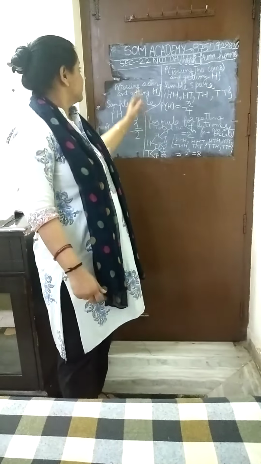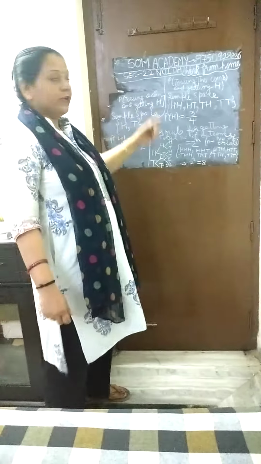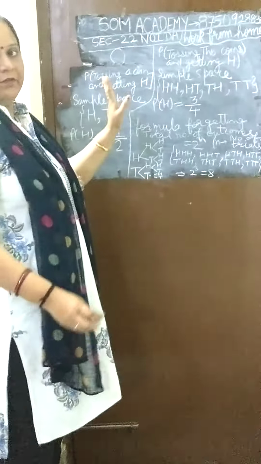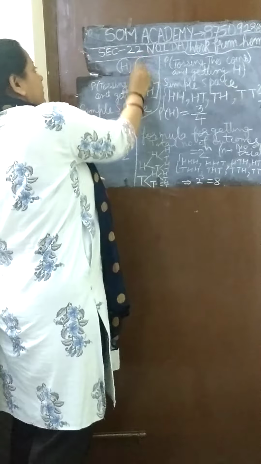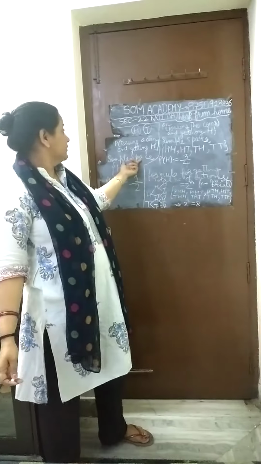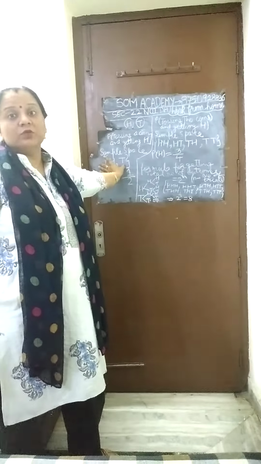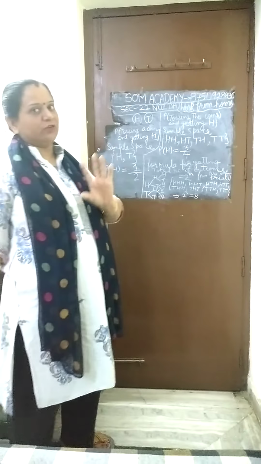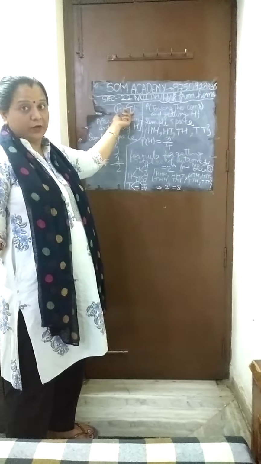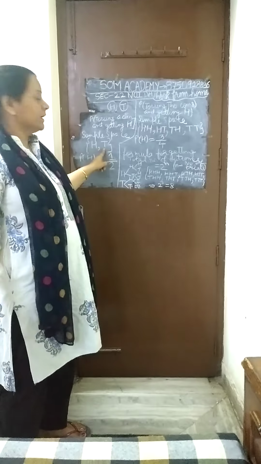Now students, suppose you have a question of tossing a coin. If you have a single coin, whether you will get head or you will get tail. Now I am introducing one word, sample space. Sample space includes all outcomes of that event, meaning the event is your throwing or tossing a coin. So either you will get head or you will get tail.